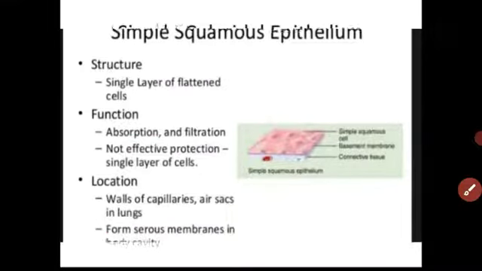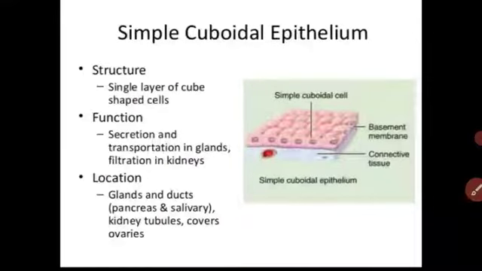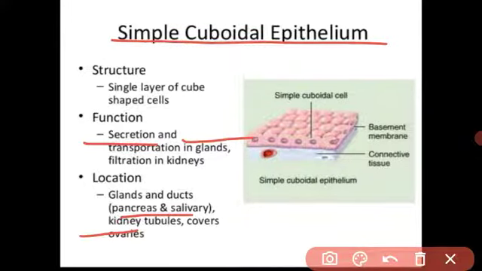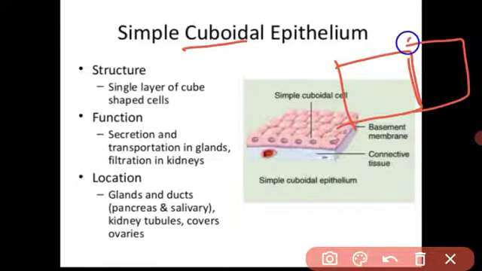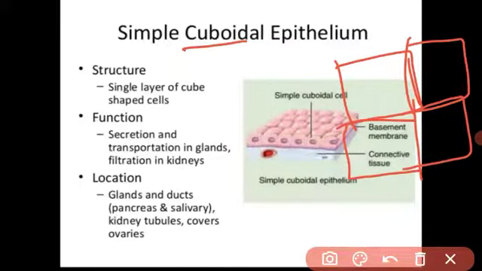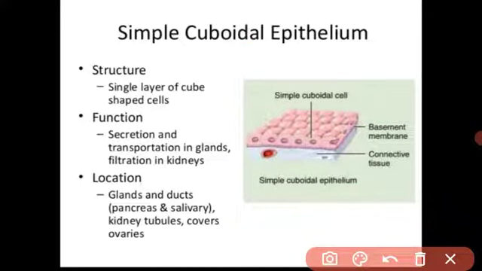The next type of epithelial tissue is cuboidal epithelial tissue. Cuboidal means, as per the name, a cube-like structure. See, cube means this kind of structure of the cuboidal epithelial. It is also a single layer of cube-shaped cells.